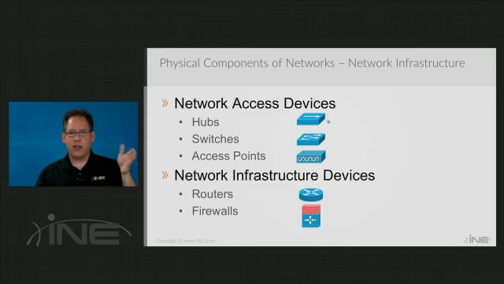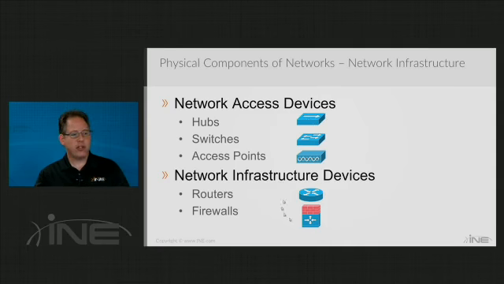In other words, these are the devices that directly connect to your hosts, your laptops, your PCs, your smartphones. These devices are what give your hosts access to the network. That's why I call them network access devices.